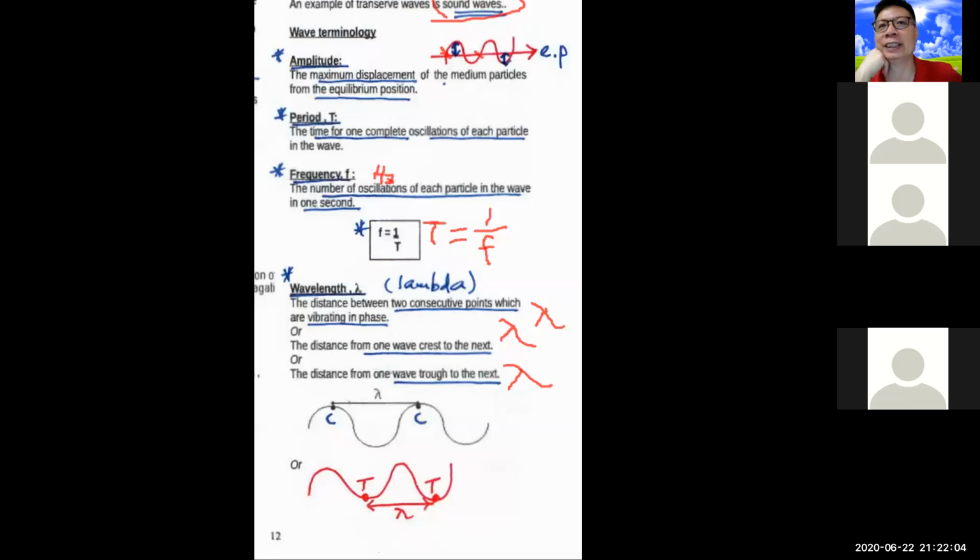Yes, correct. Distance between one crest to the next crest. Another meaning? The distance from one wave trough to the next trough. Yes, from one trough to another trough. So the distance is called wavelength. Okay, next.